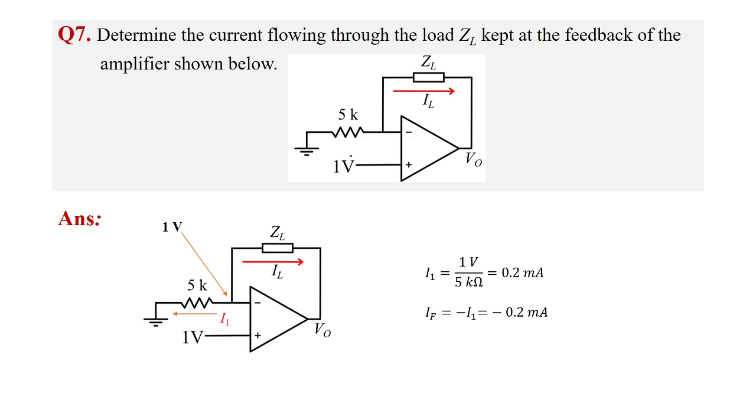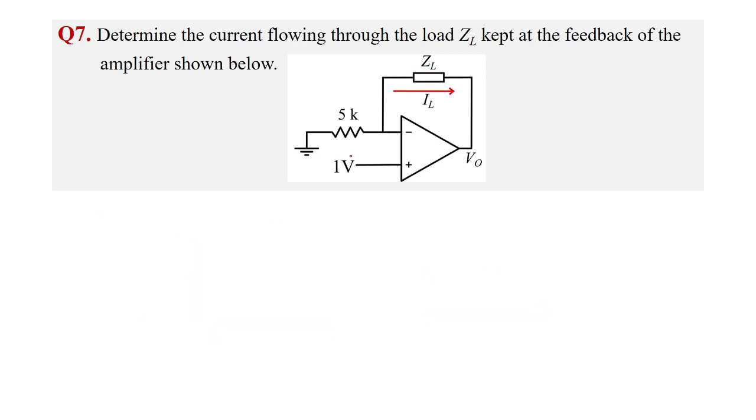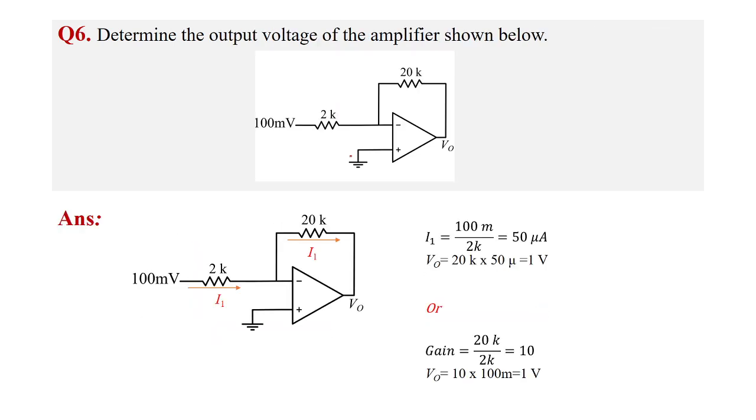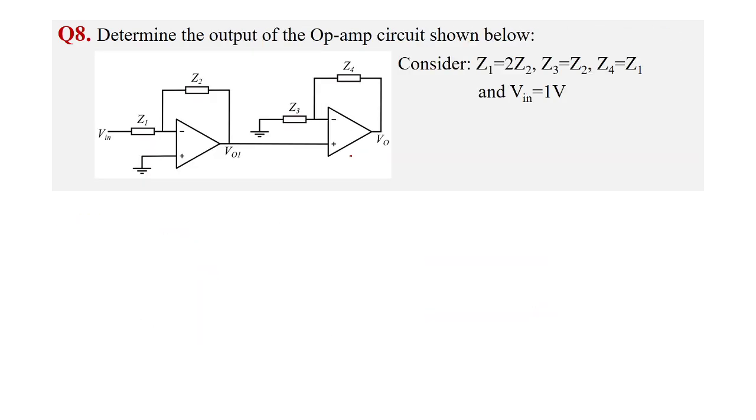They are direct questions, and the only thing they have asked is to find the current through the feedback. If you solve these two questions, it is similar to that. I think such a question is not there in the assignment.